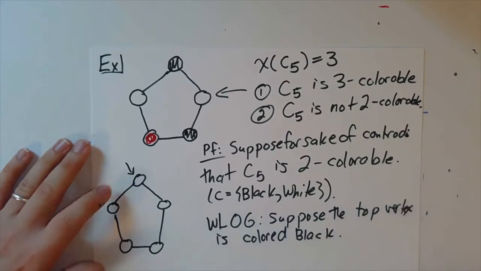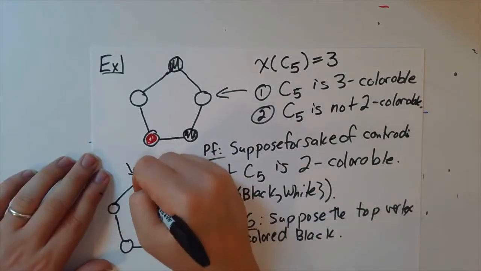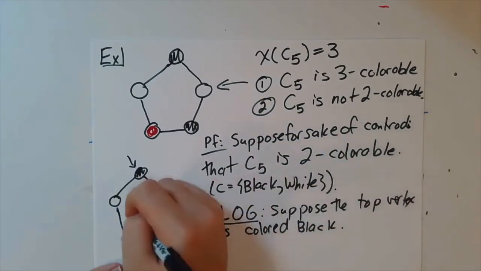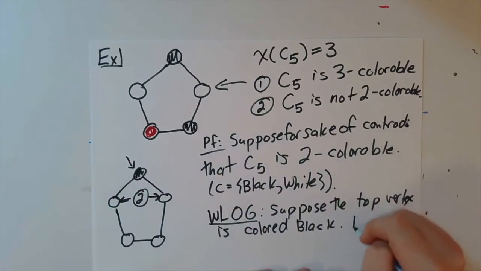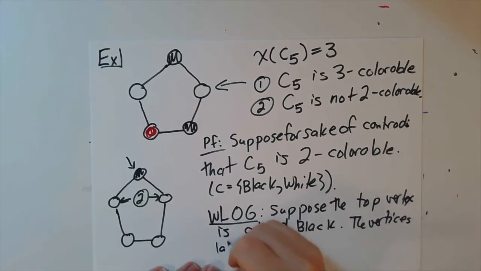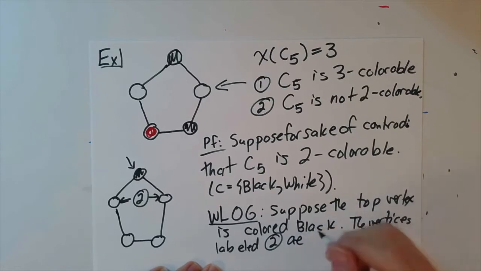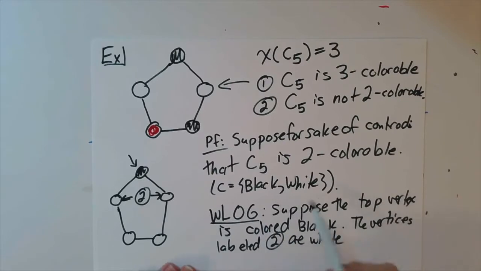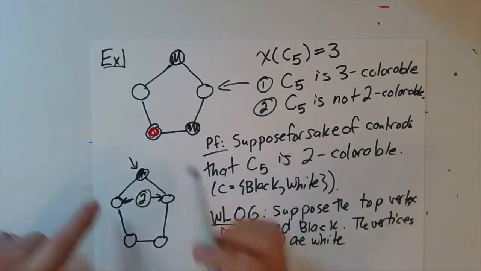Okay, so I'm just going to start somewhere. Suppose that I've made this choice. Okay, so this is black. Well, then the vertices labeled 2 are white. Why is that? Well, I only have two colors, and these two are both adjacent to a black vertex.